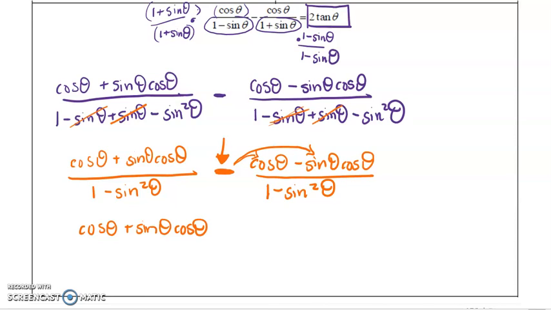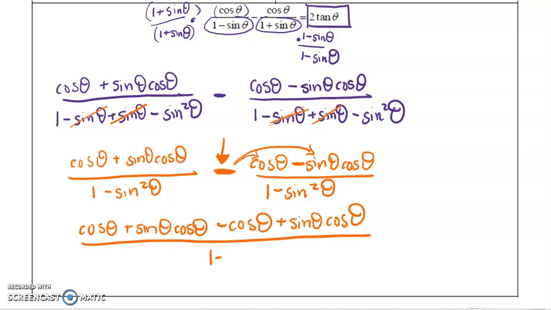You're subtracting everything. So I'm going to subtract cosine, and then I have to subtract a negative sine cosine. So that's actually going to change it to a plus. Okay, tricky, tricky. So there's our numerator, and we're going to keep the common denominator.